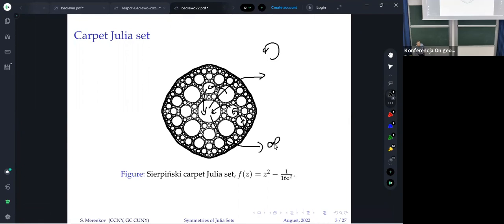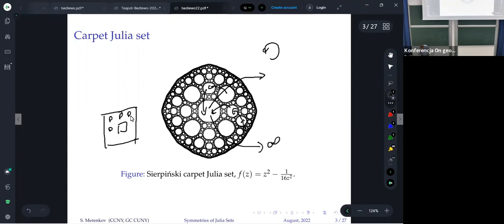I refer to it as a carpet Julia set because it is homeomorphic to the standard Sierpiński carpet, the standard one, which is like this. So they are homeomorphic to each other.